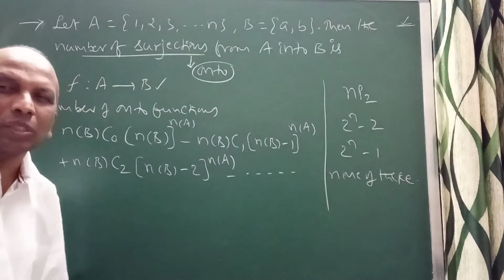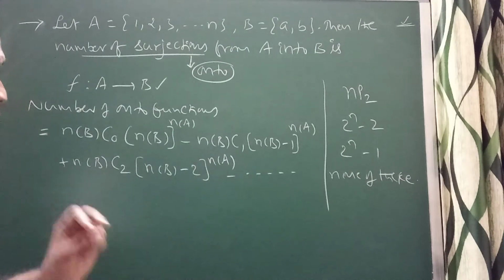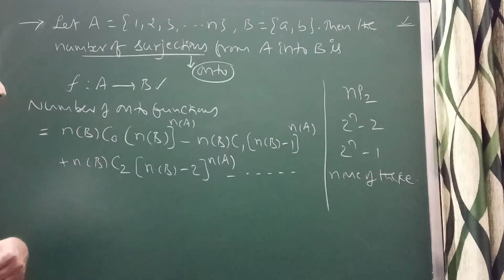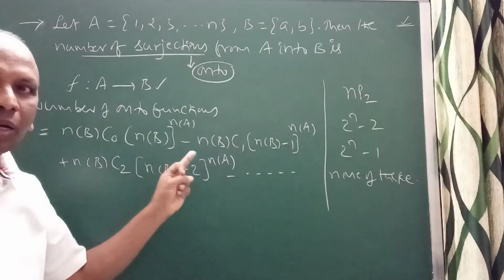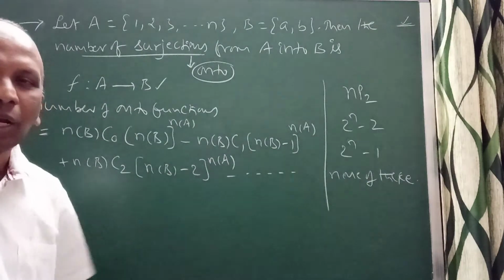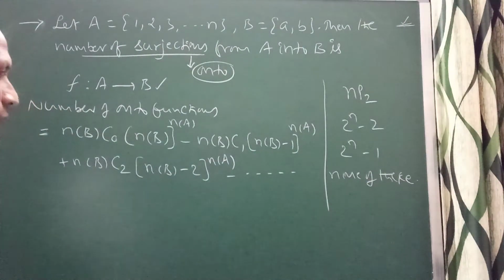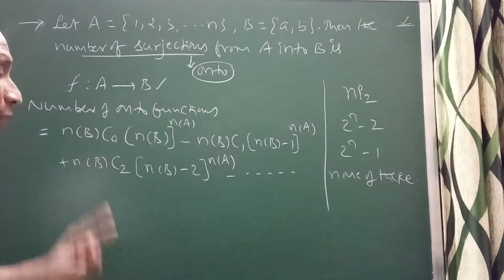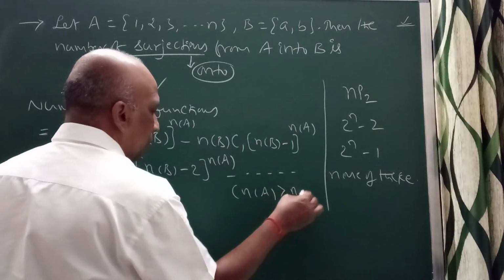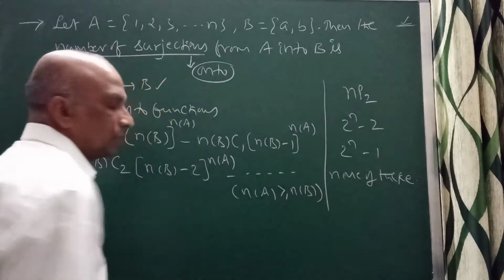I can continue. This is the formula to find the number of onto functions. But the rule here is n of A greater than or equal to n of B. That is the rule.